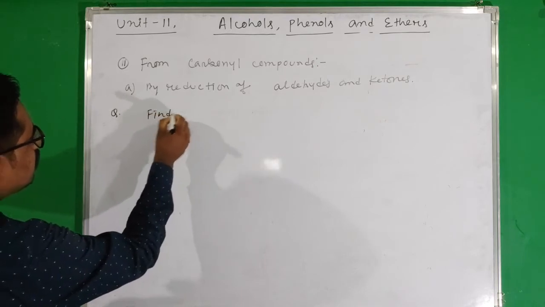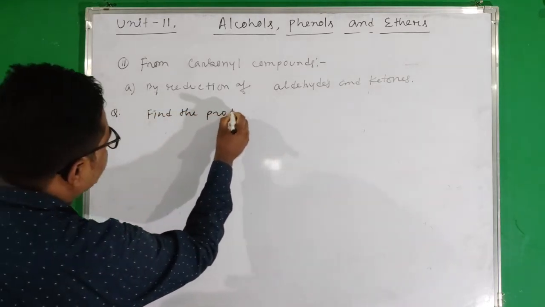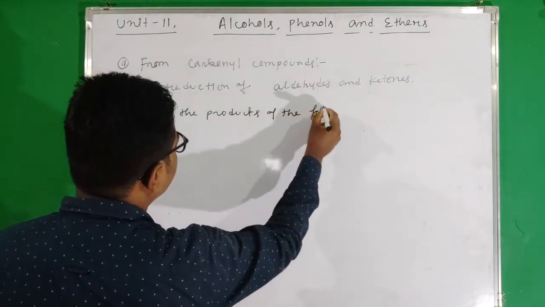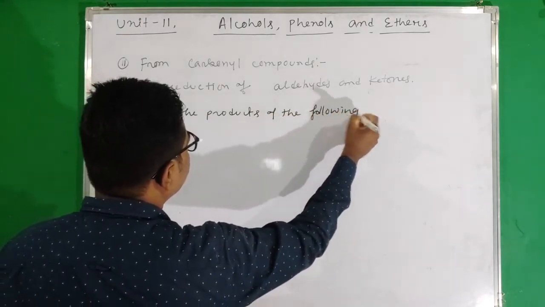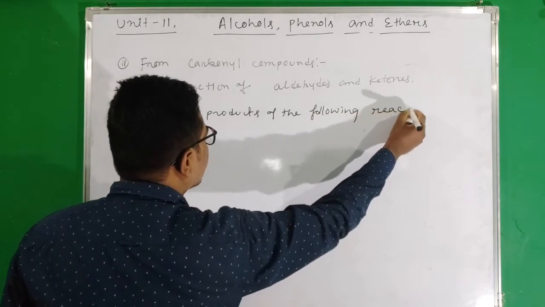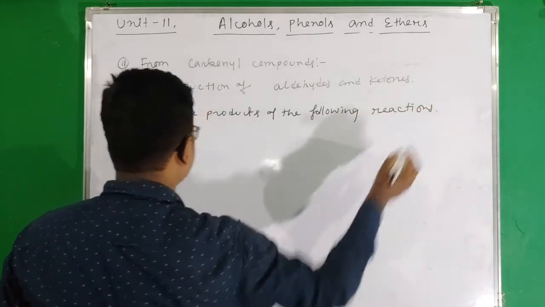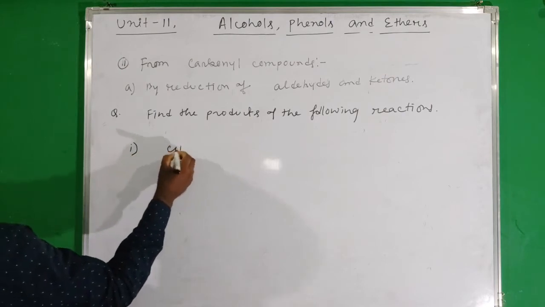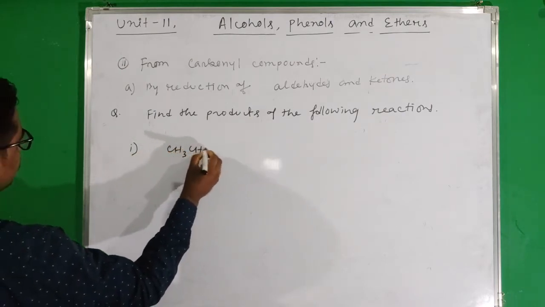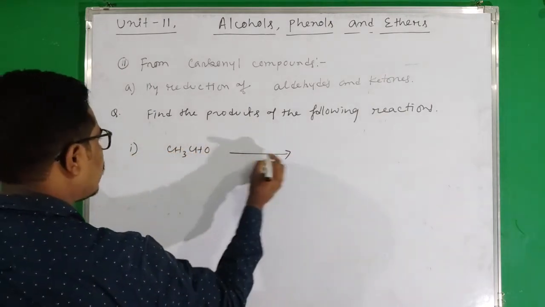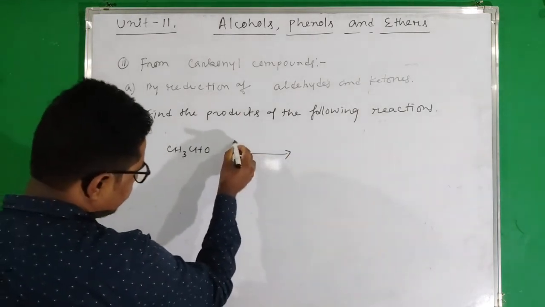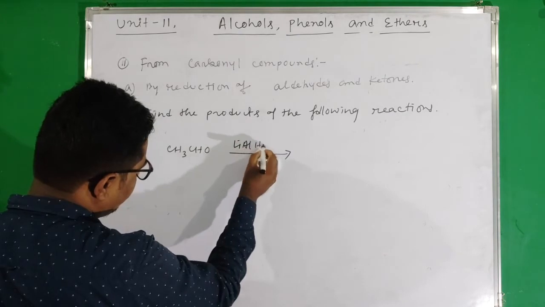Find the products of the following reactions. Number 1, CH3CHO, hydrogen in presence of nickel, or we can use lithium aluminium hydride.